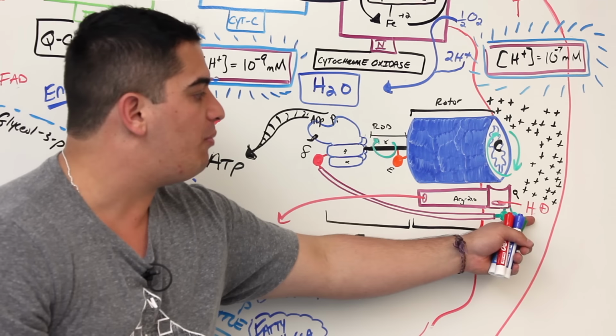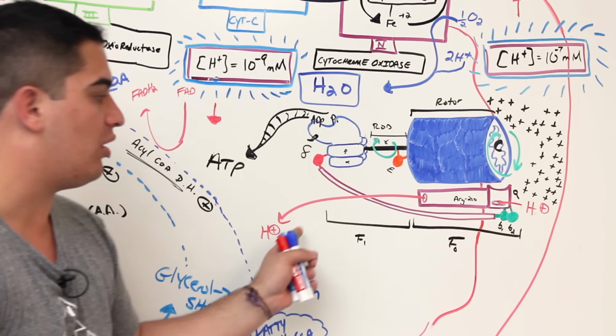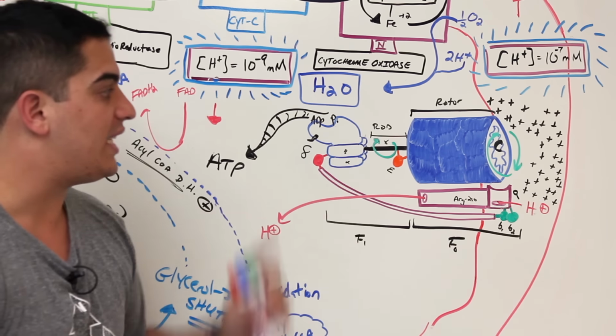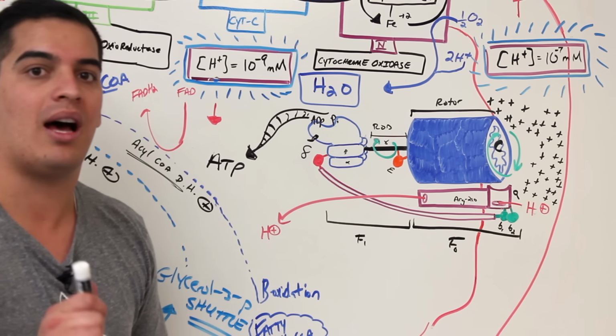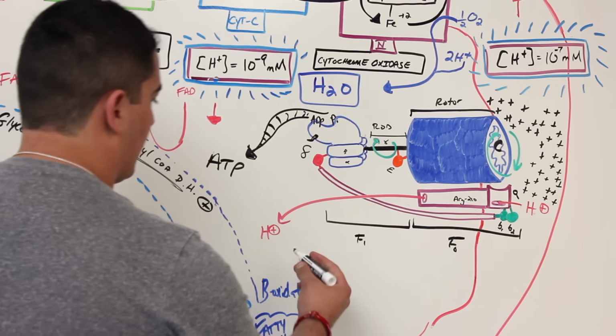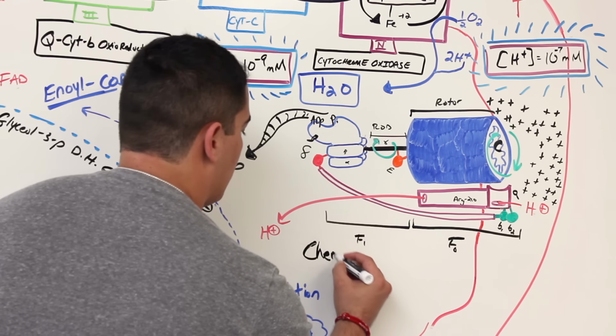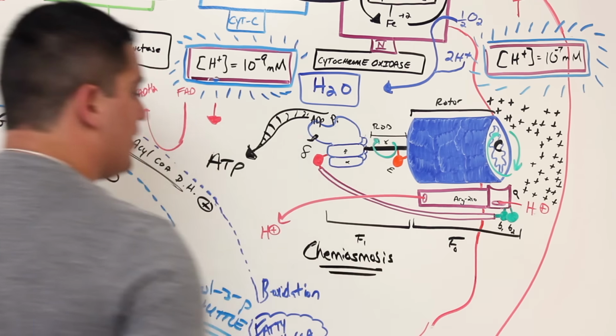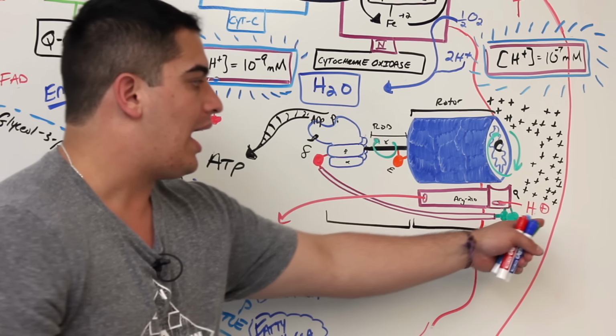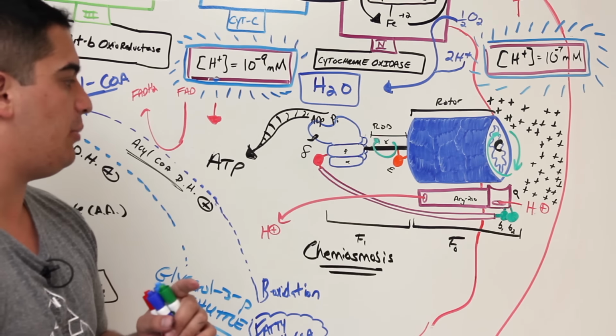They call this movement of protons from high concentration to low concentration, moving through this ATP synthase, chemiosmosis. And the chemiosmotic theory, so again, what is it called? It's called chemiosmosis. And this is due to the protons moving from high concentration to low concentration through the ATP synthase.